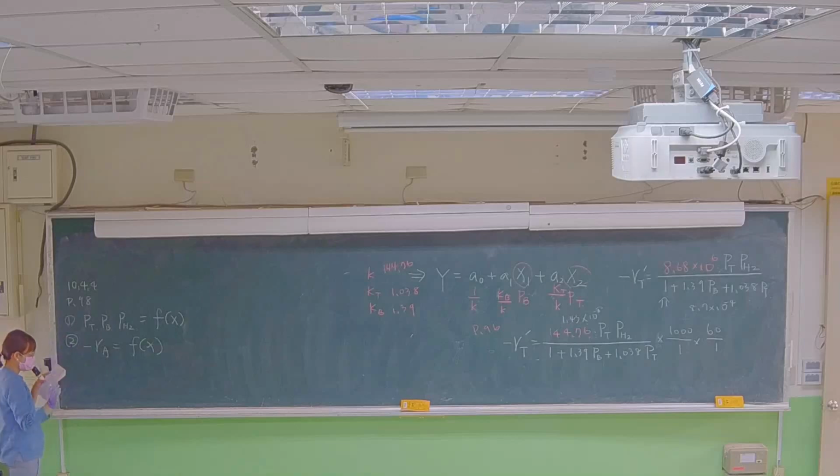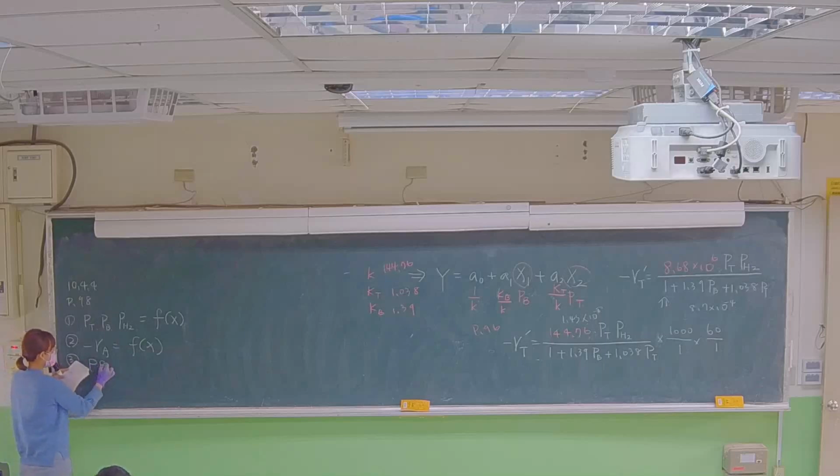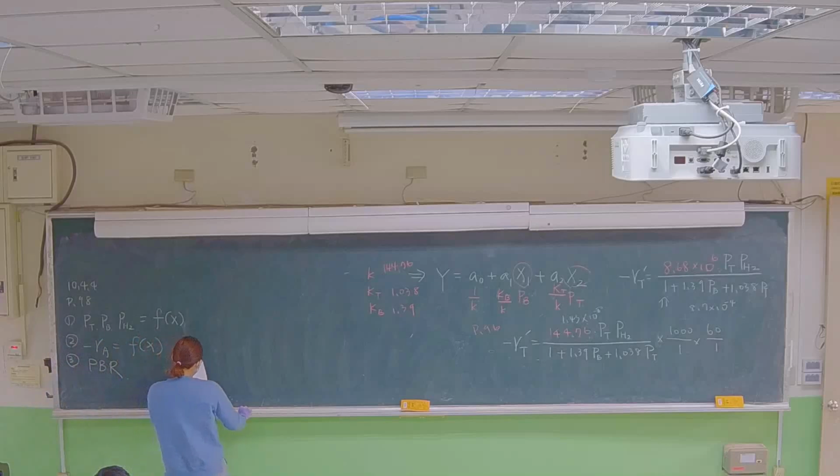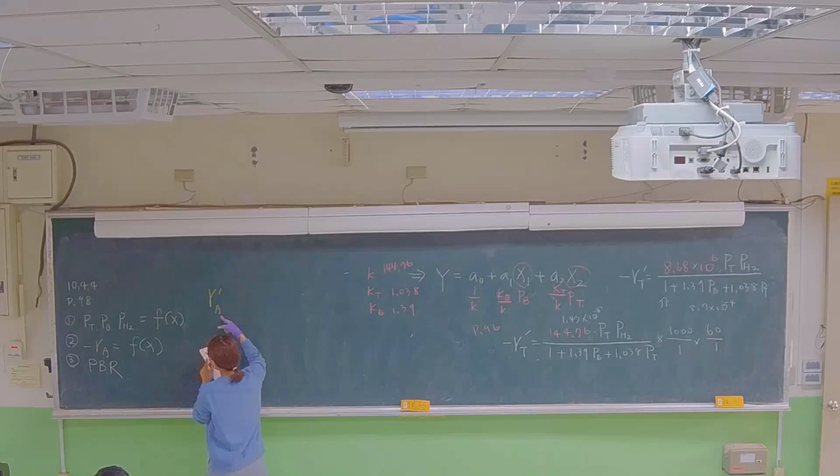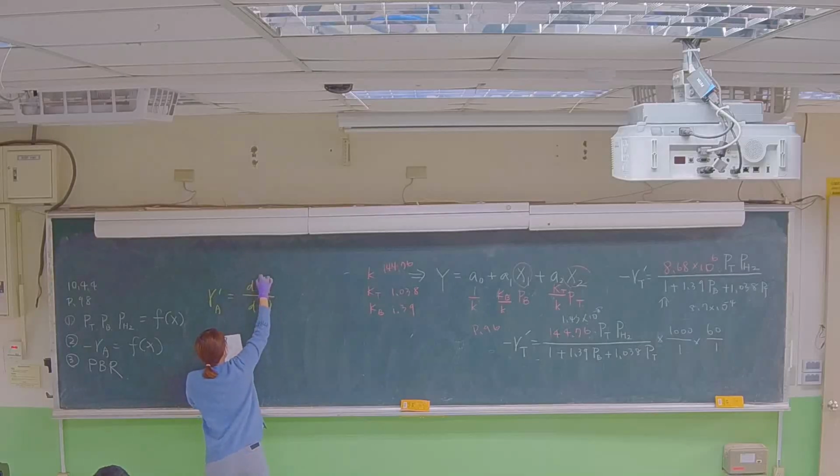So the last one we can use a design equation for PBR. So how about PBR? You can check your previous handout, but I can show you here. If the reactant is A, RA prime equals to dFA dW. I have mentioned this before, okay?